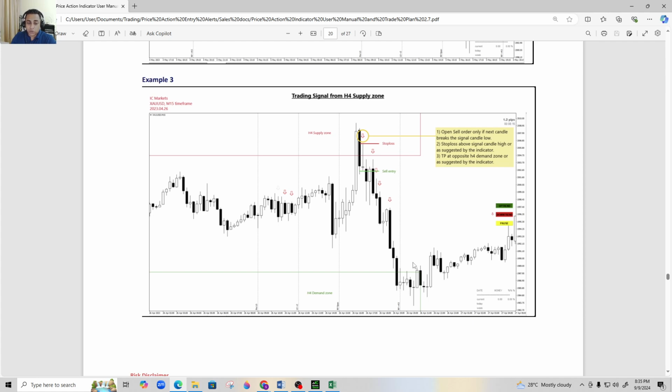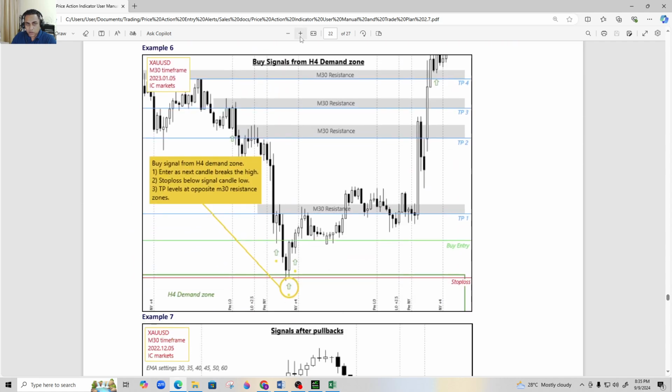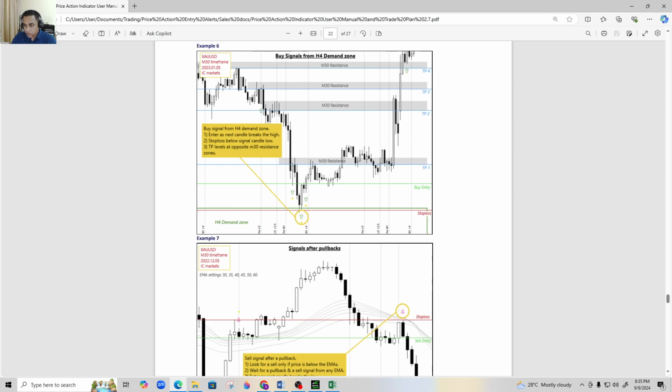Or you can load it on an MT4 demo account and use copy trader software to trade it on your cTrader live account or your MT5 live account. That's possible too. So you get all the examples that you need.